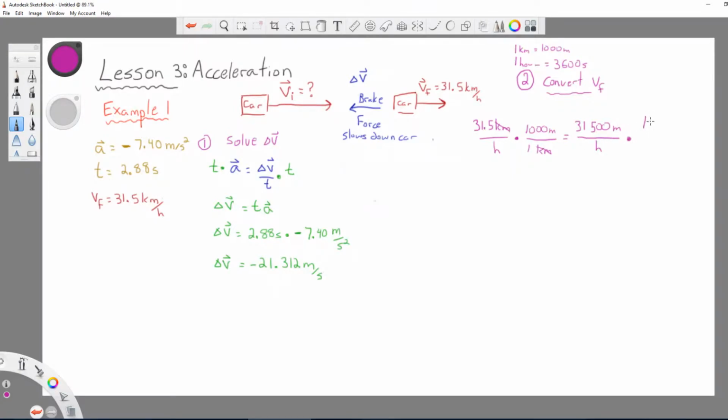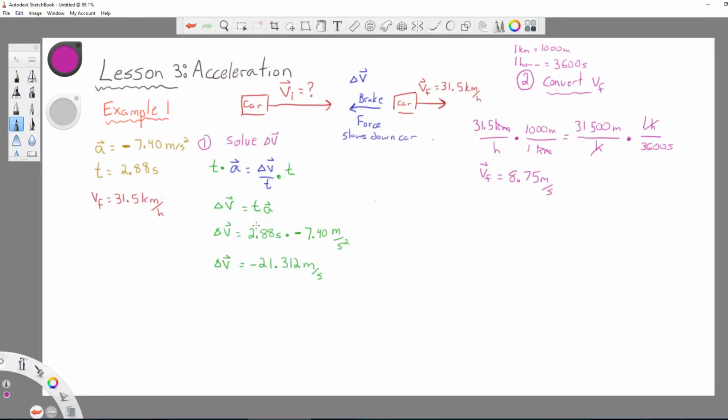So we're going to say 1 hour over 3,600 seconds. Hours cancel. We divide 31,500 by 3,600, and this is going to give us a value. So VF in meters per second works out to 8.75 meters per second. All right, we are almost done this problem.